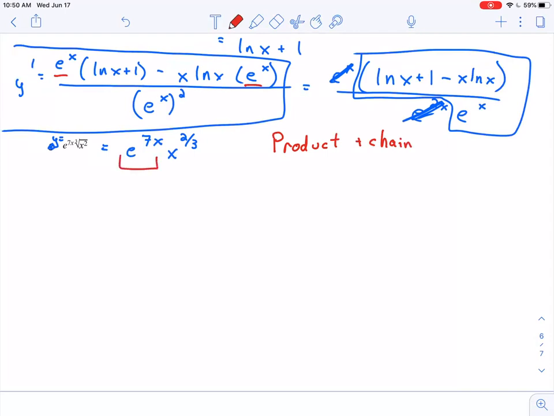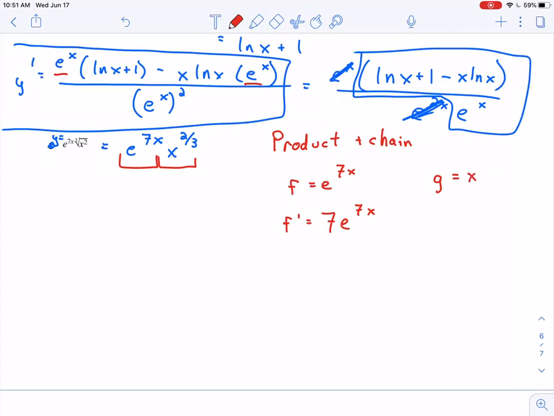So how about I call this guy f and this guy g. F is equal to e to the 7x power. So f prime, the derivative of e to the u, we're going to multiply by the derivative of our power, which is 7, times e to the u. This part stays exactly the same, e to the 7x.